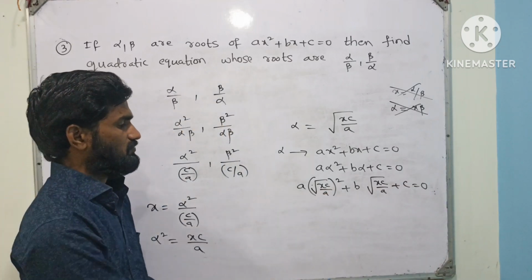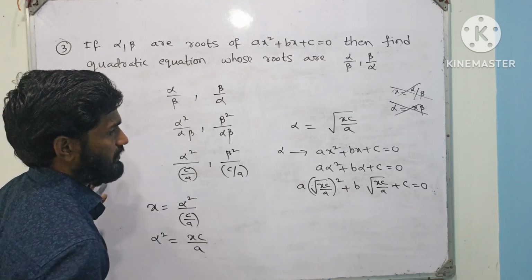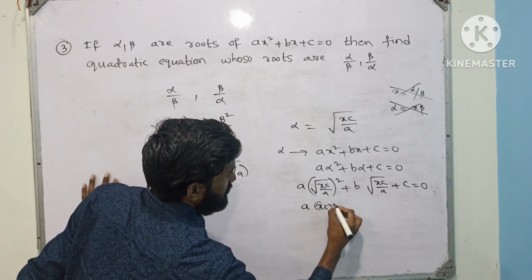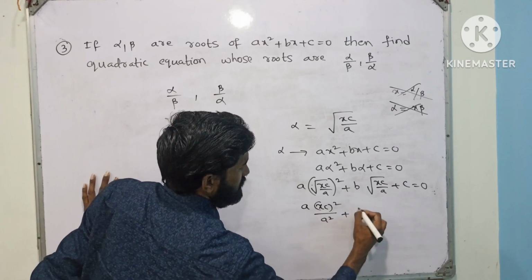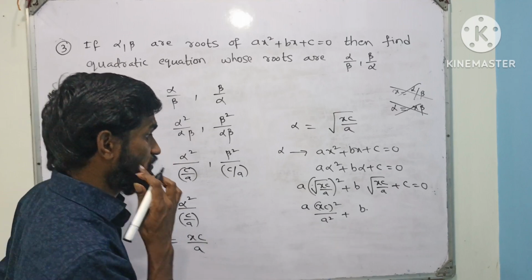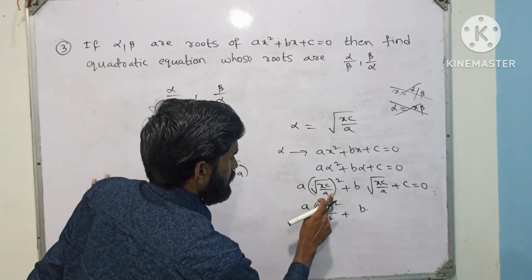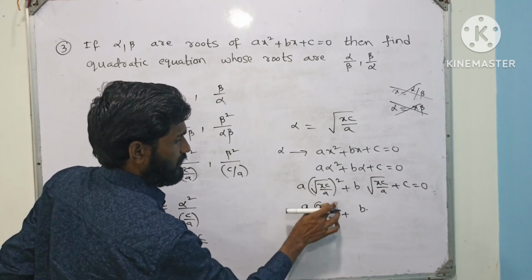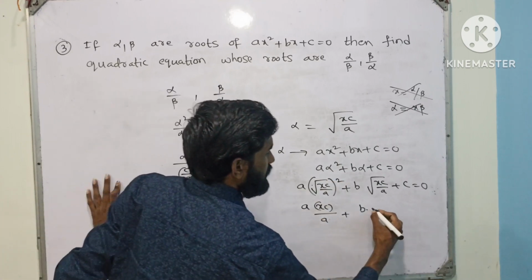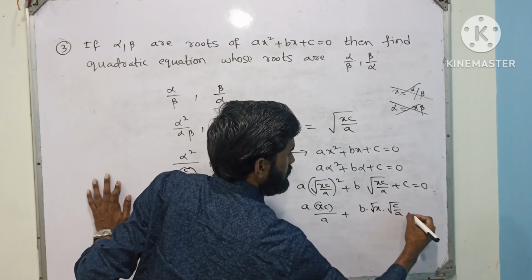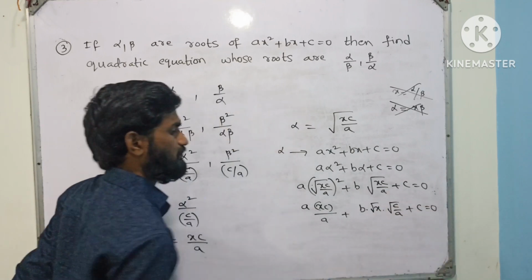Now what you will get here? Which is nothing but a into xc whole square by a square plus b into, what you will get from this? Here root and square will get cancelled. So what you will get? You will not get any square. So b into root x into root c by a plus c, which is equals to 0.